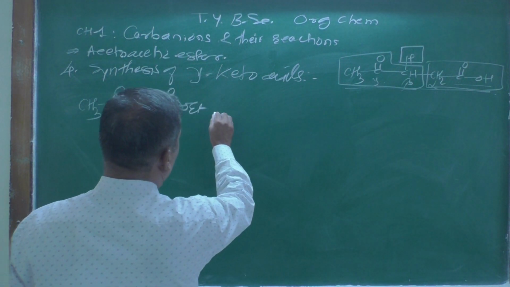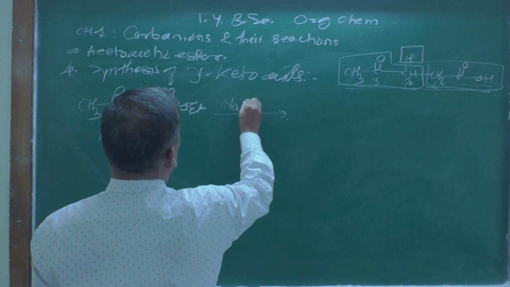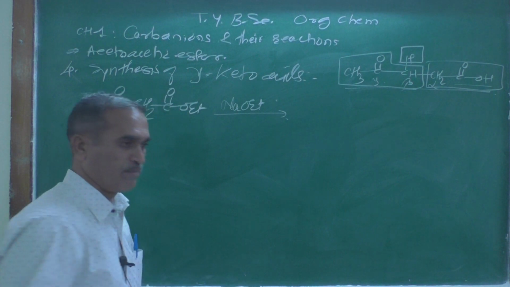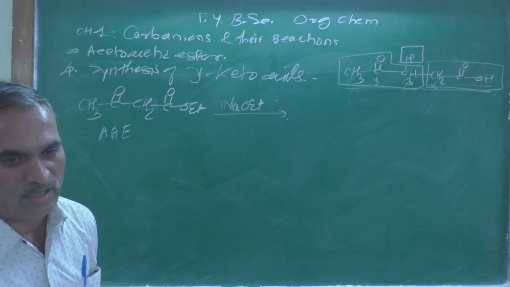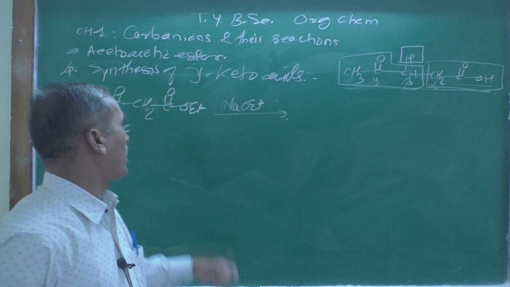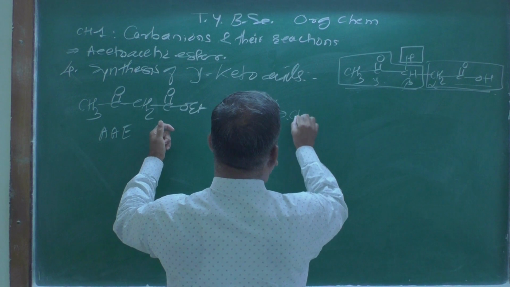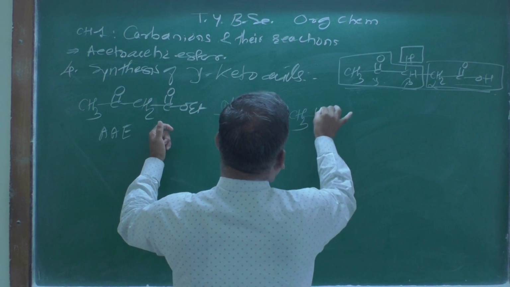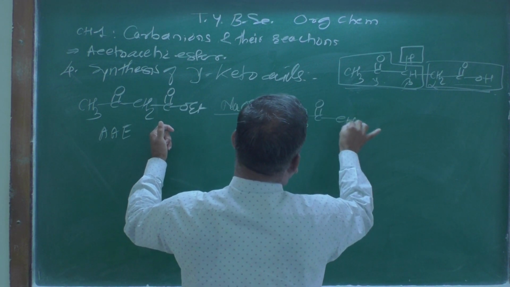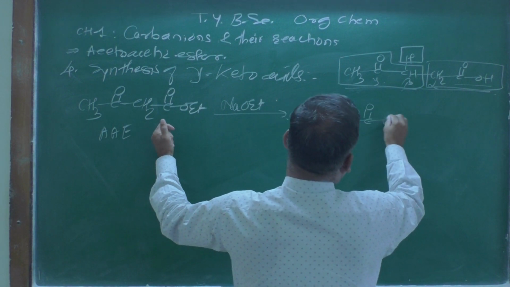Now this compound you can treat with NaOEt, sodium ethoxide. And what will the sodium ethoxide do here? Sodium ethoxide will abstract the acidic proton and form a carbanion over here. CH3 C double bond O, CH minus charge, and then C double bond O, then OEt.